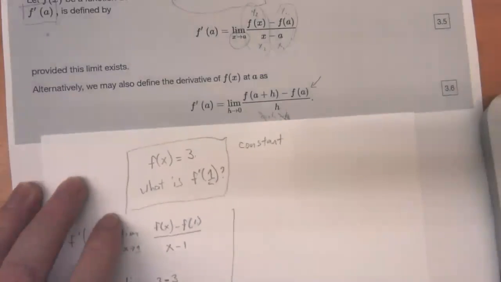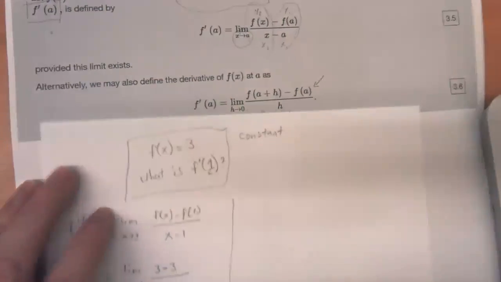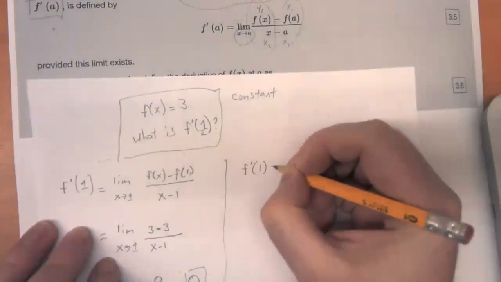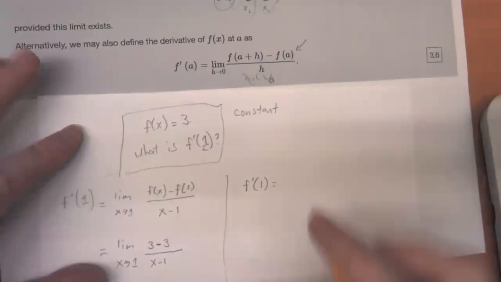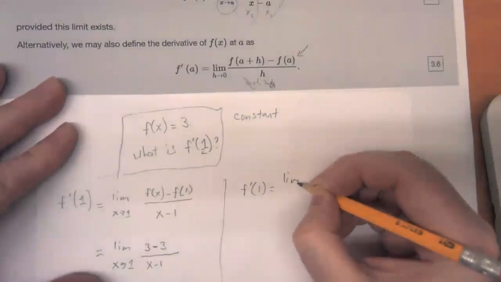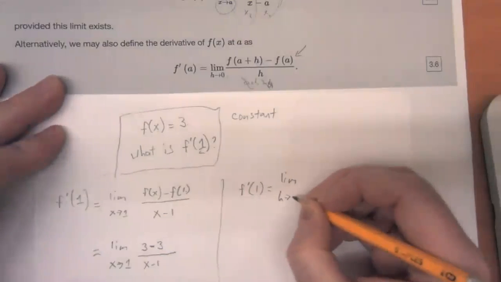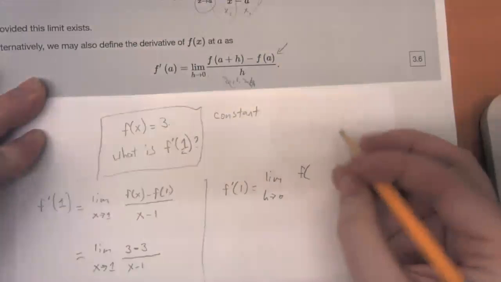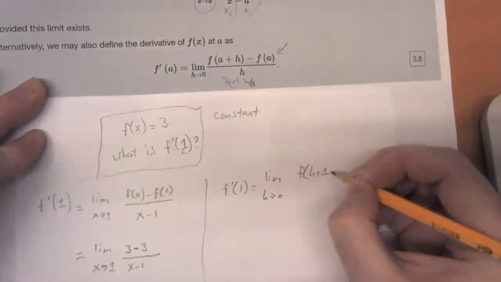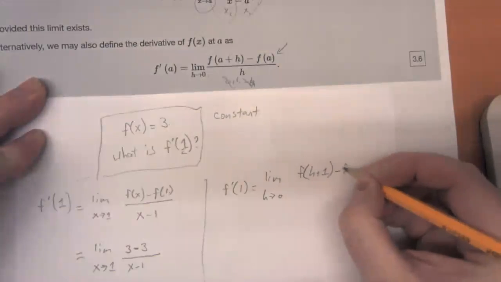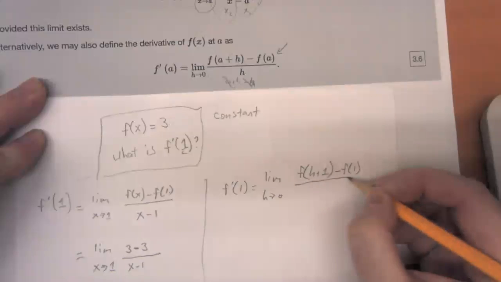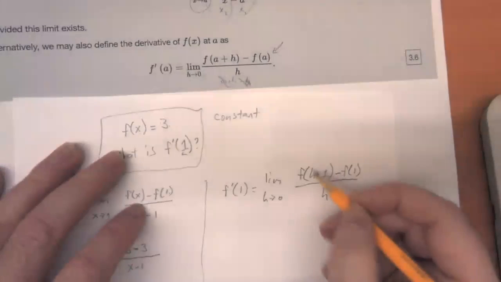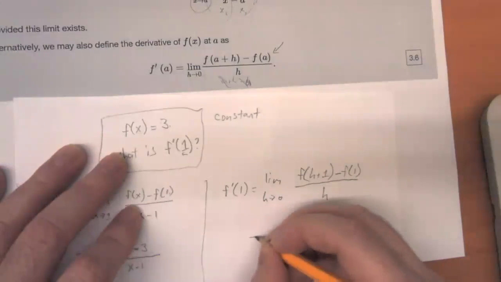Let's try doing the same problem, except with the second definition. So f prime of 1 is equal to the limit as h approaches 0 of f of, instead of writing 1 plus h, I'll just write h plus 1, minus f of 1, all over h. Once again, I want to evaluate this function at these two values.